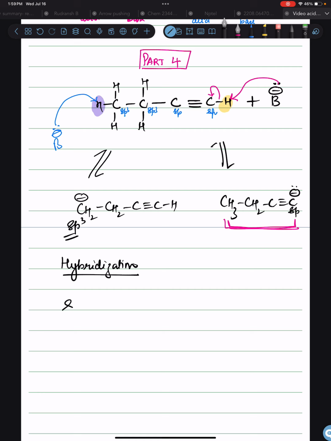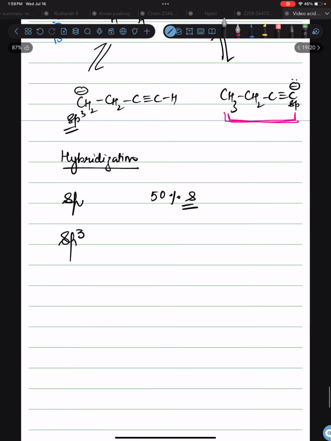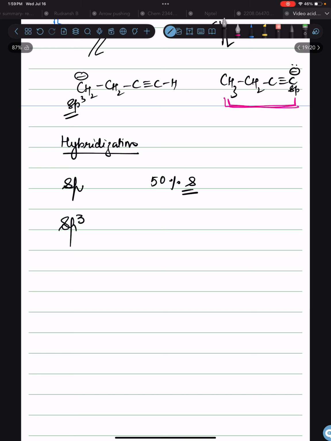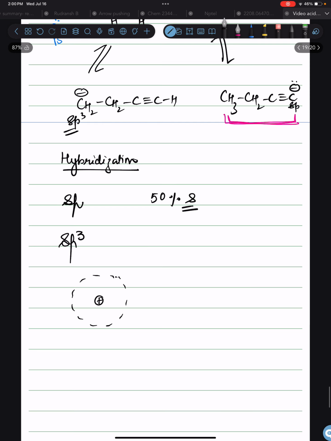And we know that for sp hybridized carbon, there is 50% s character in that orbital. And for sp3, it would be 1/4, so it is quite less. It is 25% s character. And we know that the greater the s character, the more would be the spherical symmetry of that orbital, and the more the electrons would be attracted towards the nucleus, which means that it would have greater electronegativity.